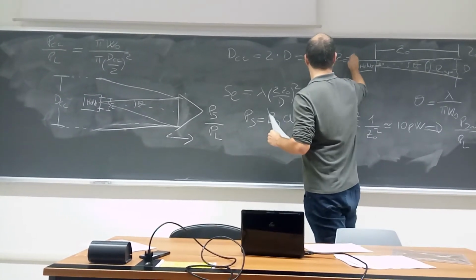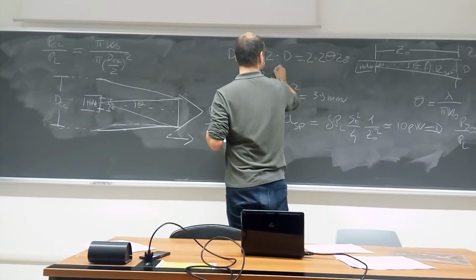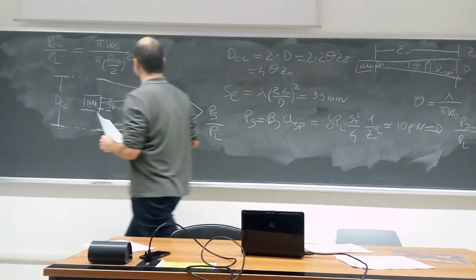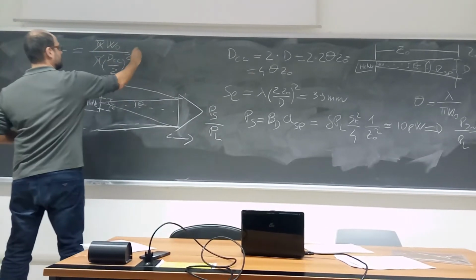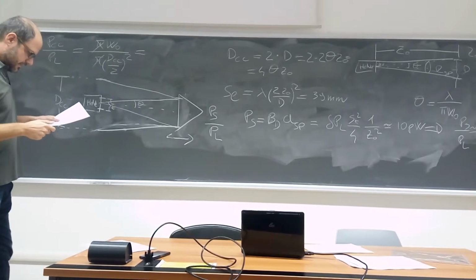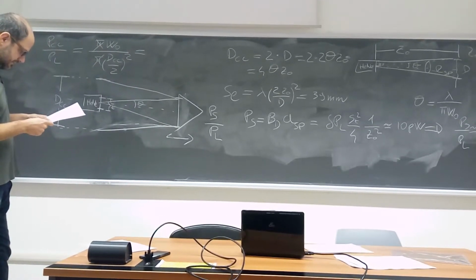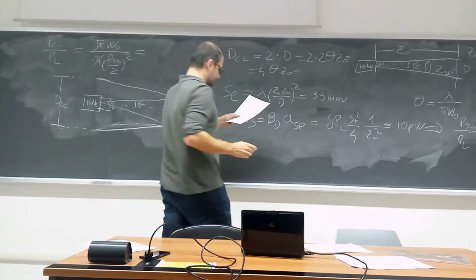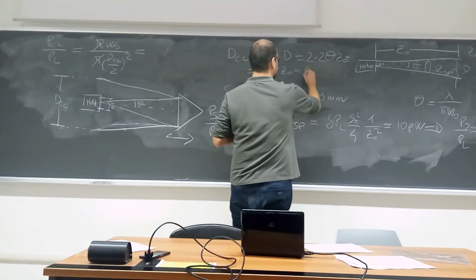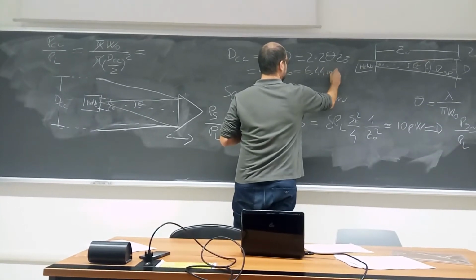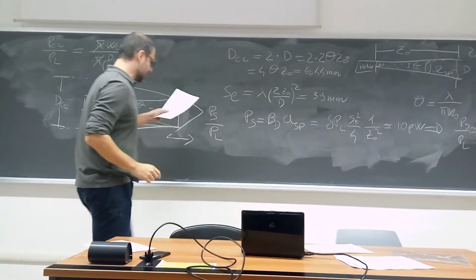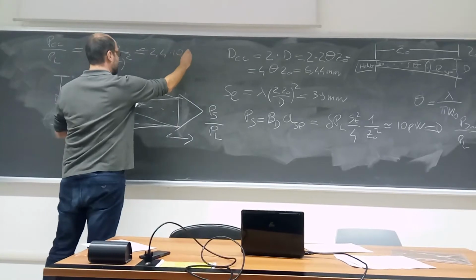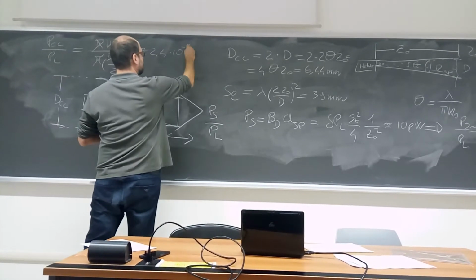So this is 4 theta z0. In particular, I evaluated this. This is equal to 6.44 millimeter, and this ratio is close to 2.4 10 to minus 4.